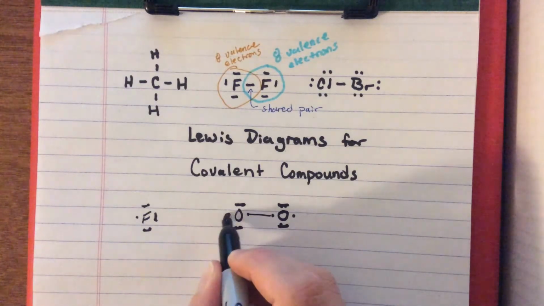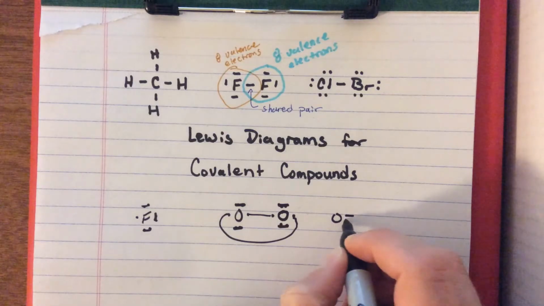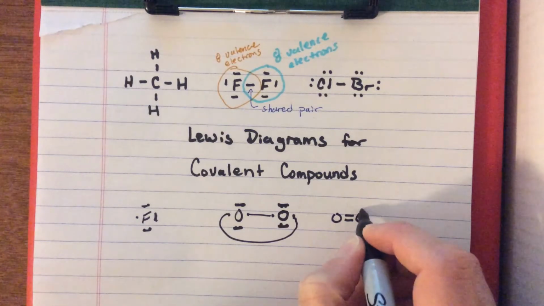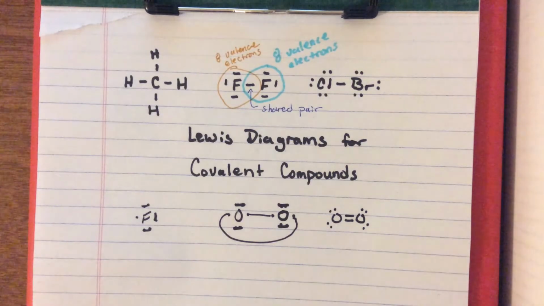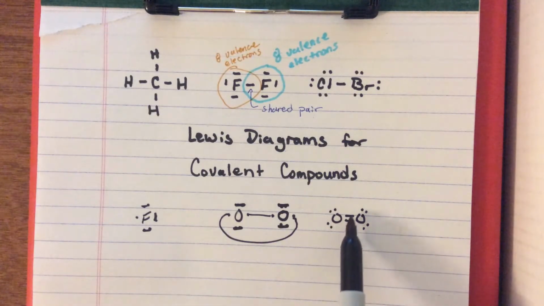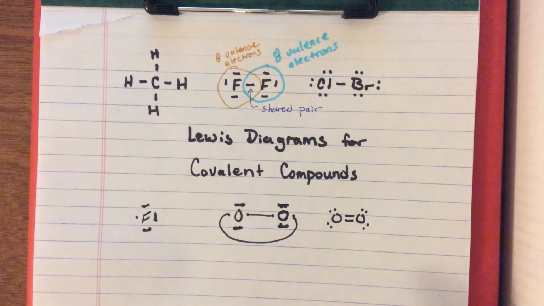And so when we draw their final molecule, which could look something like this, they are being connected by 2 pairs of shared valence electrons. This would be called a double bond.